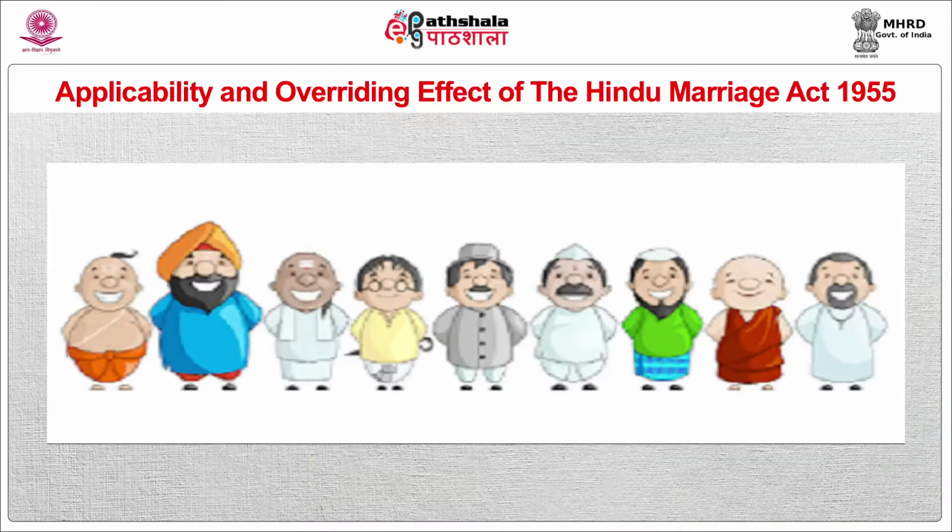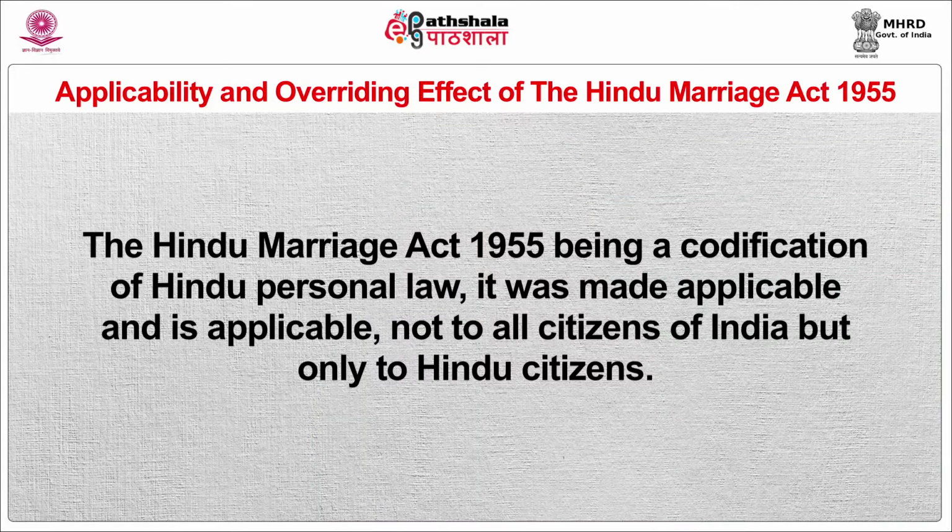The Hindu Marriage Act from 1955 earlier formed part of the Hindu Code Bill. This was enacted to amend and codify marriage and divorce laws between Hindus, thus hoping to make them consistent across the country. The Hindu Marriage Act, being a codification of Hindu personal law, is not applicable to all citizens of India, but only to Hindu citizens.